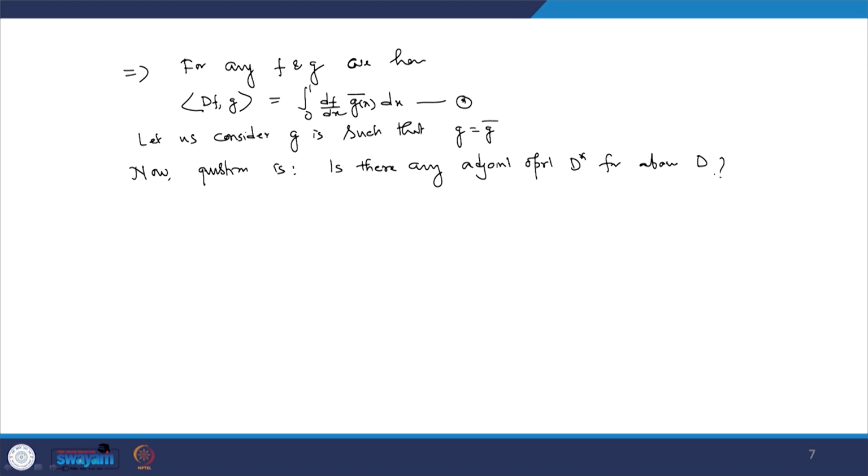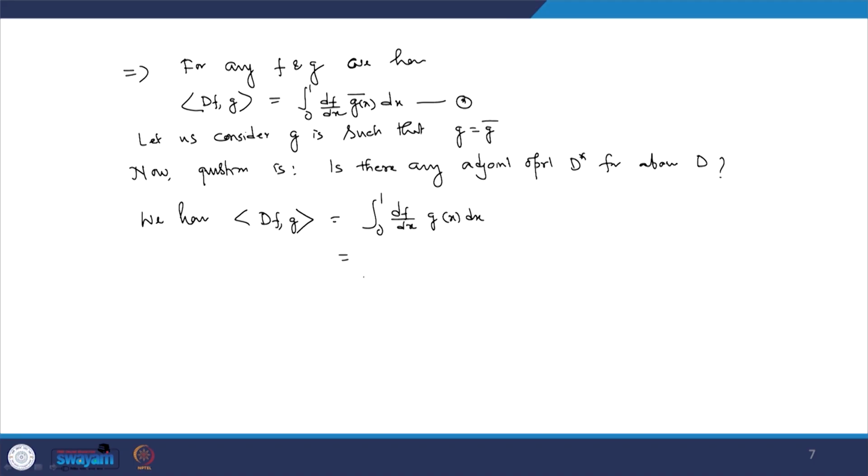To answer this question, let us proceed. What is the definition of the star? We have the inner product of Df and g equal to the integral from 0 to 1 of df by dx times g of x dx.